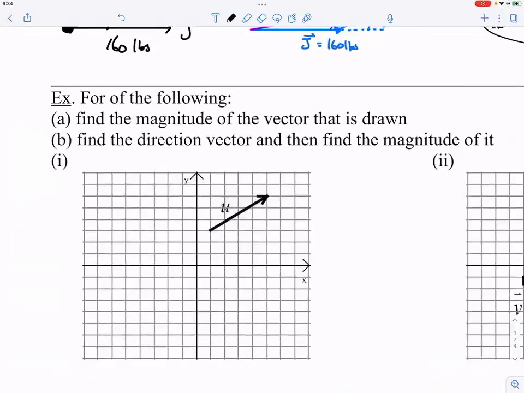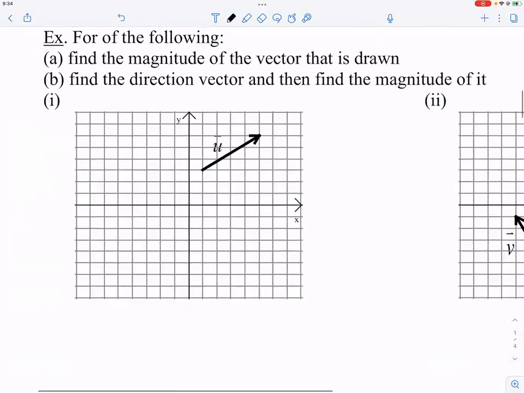For the one that's down below, we say, please find the magnitude of the vector that's drawn. So we're going to label it right here. What is the magnitude of this vector u? Can you tell right away?